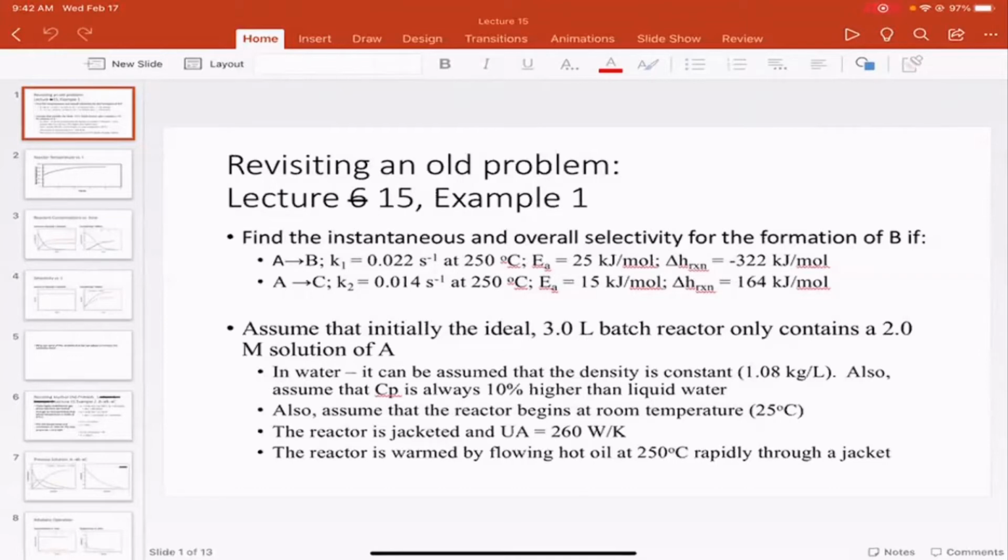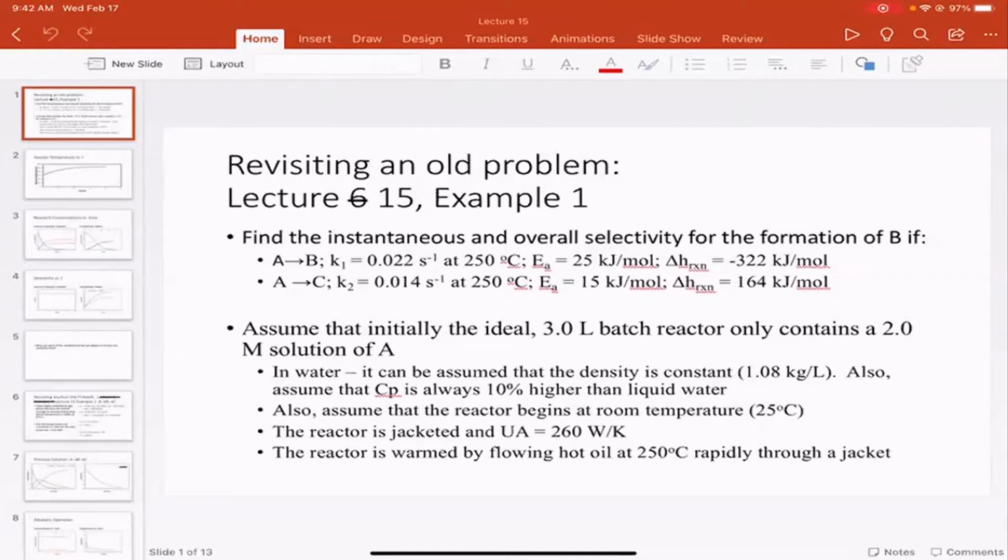Now, we know in our problem, based on our derivation, we're going to need a little bit more information than we had the first time that we solved this problem. So one is about the fluid, so that way we can make some simplifying assumptions about the number of moles and that sort of thing. So we're going to assume that we're basically just in water, right?